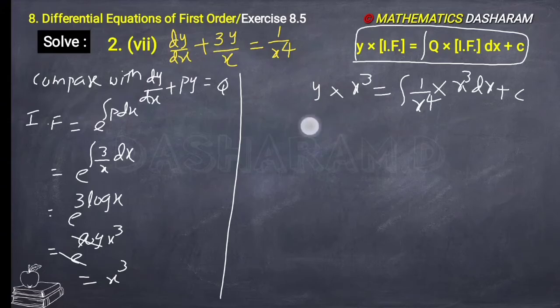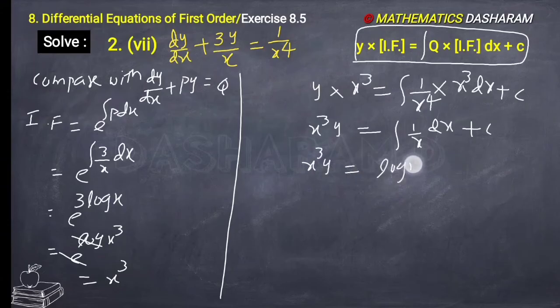So it is equal to x cube into y equals integration, here 1 by x to the power of 4 times x cube, so only 1 by x will be there, dx plus c. So x cube into y equals log x plus c.